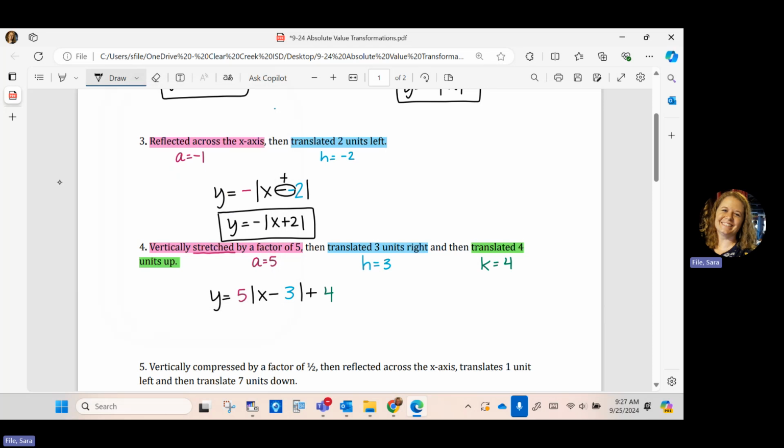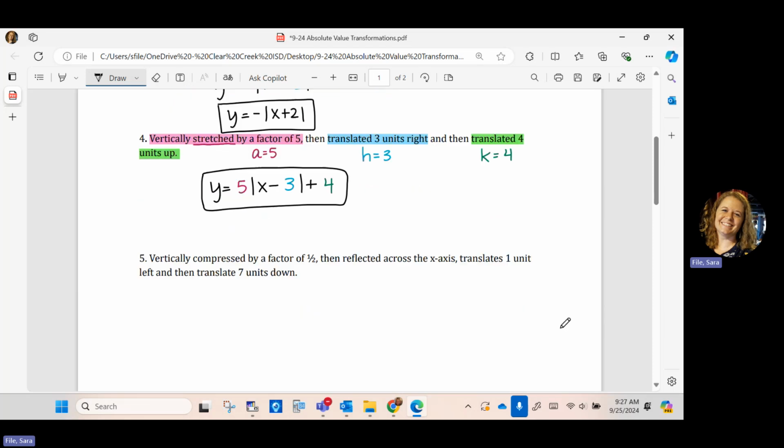That's my absolute value function shifted 4 units up, 3 units right, and vertically stretched by 5. So far, so good? Specific questions right now? No specific questions?